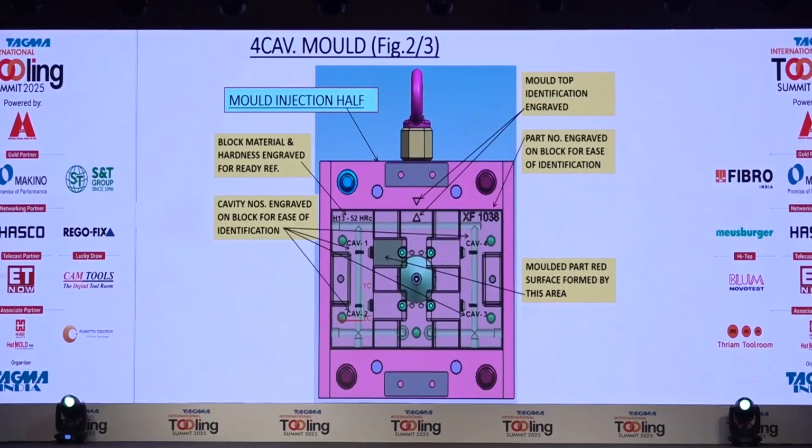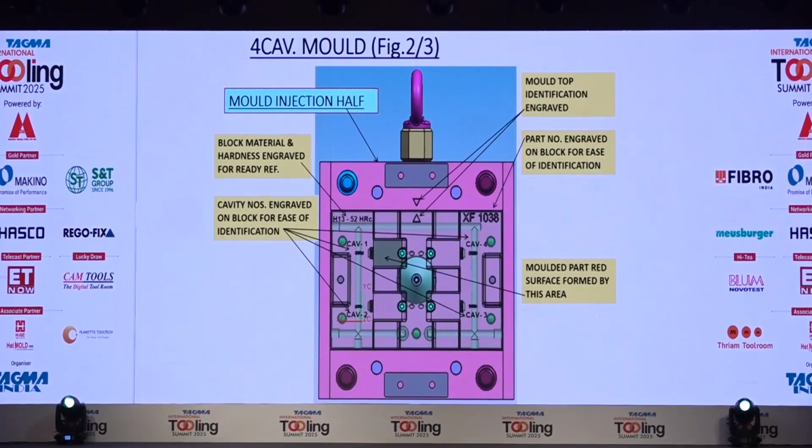Then the material of the part is written, and the hardness of the part is written. It is engraved. These have to be documented and engraved so that the customer does not have to ask anything of the mold maker. He should get the comfort of seeing all this beforehand.